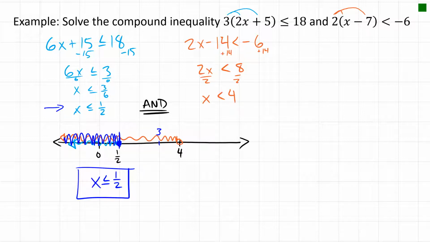So it's just an example of how one inequality basically dominates the other. All this other stuff that the other inequality adds after 1/2 and up to 4, it doesn't matter because it doesn't get satisfied by that first inequality. So it's just the solution x is less than or equal to 1/2.